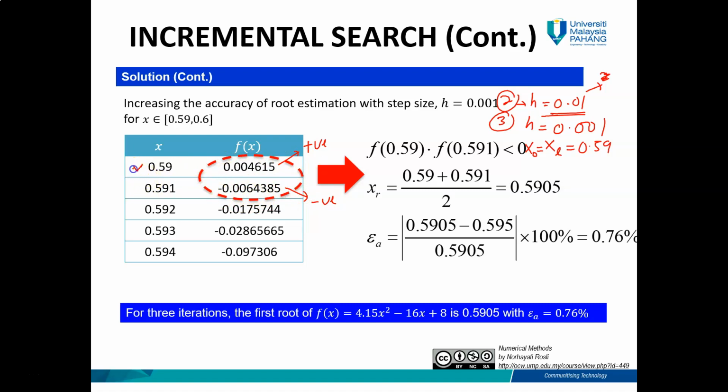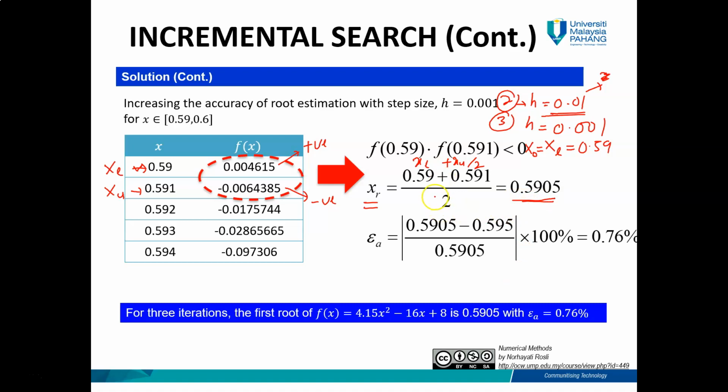So we can conclude that this is our x lower value and this is our upper value. From here, you can compute your x_r by using the formula x_l plus x_u divided by 2. So this is 0.59 plus 0.591 divided by 2, and you get this as our solution.